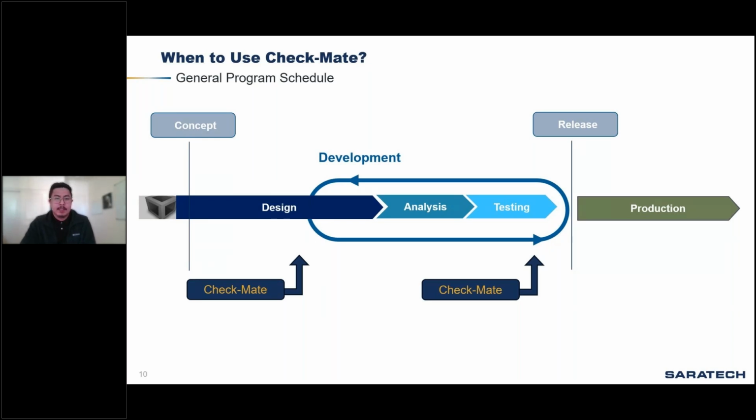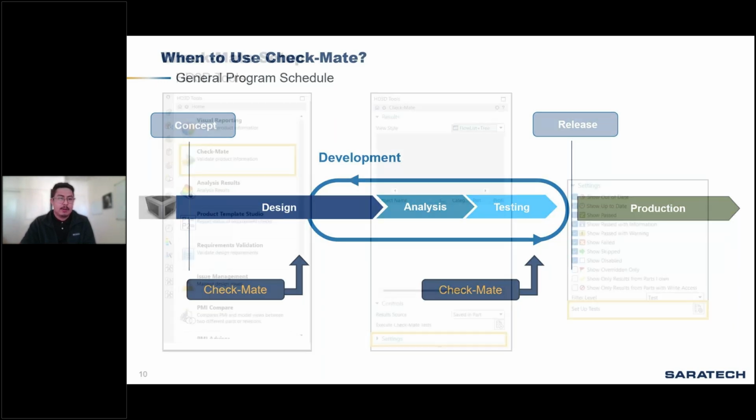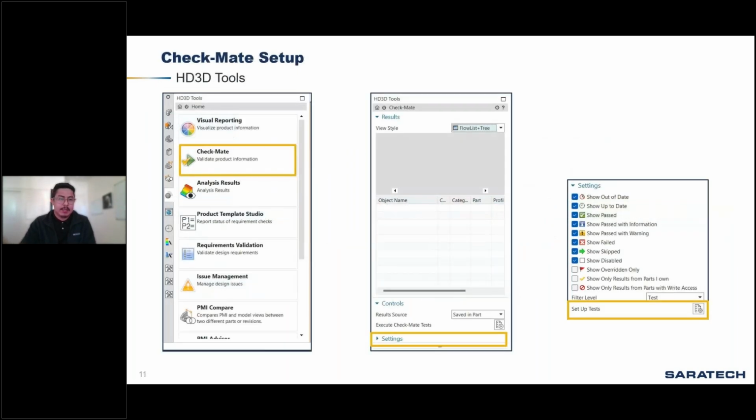Okay, so that's the when. Now let's talk about the how. So how do you set up Checkmate? So there's 2 different ways to do this. You can do it through the HD 3D tools. So here in your resource bar on the left, you have this HD 3D tools, which is indicated by the I symbol. So you'll find the Checkmate application there.